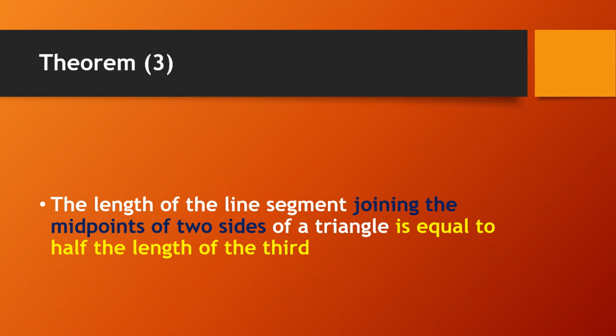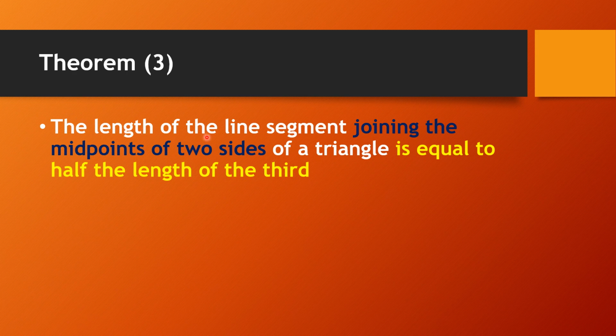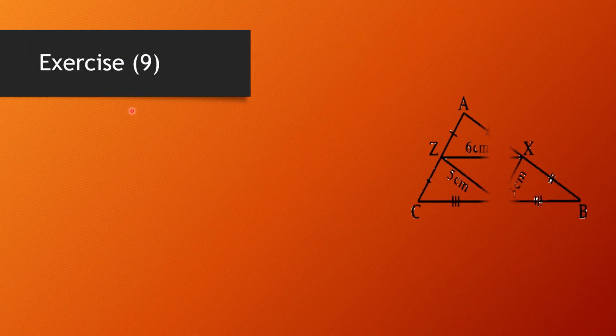Theorem 3. The length of the line segment joining the midpoints of two sides of a triangle is equal to half the length of the third. Exercise 9.